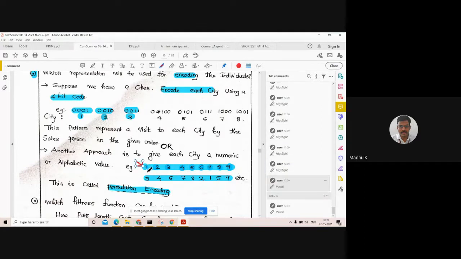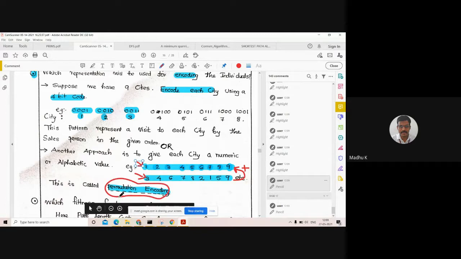If we apply permutation encoding, the second solution should be different from the first solution. It is not equal; it should be different. So we can apply permutation encoding here.